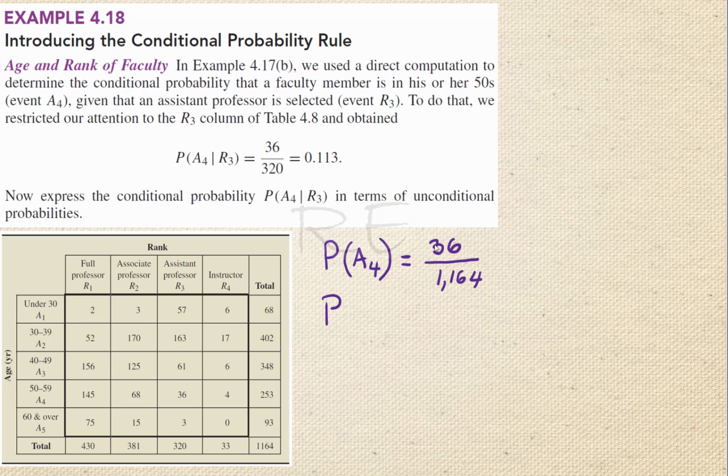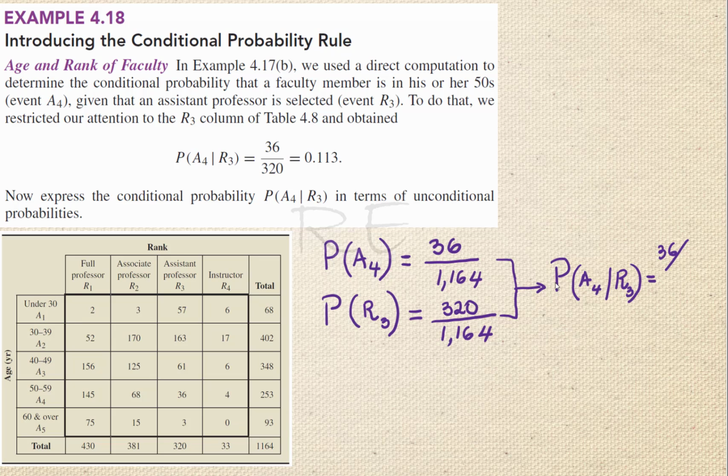The probability of selecting an assistant professor, P of R3, we have a total of 320. So it's going to be 320 divided by 1,164.